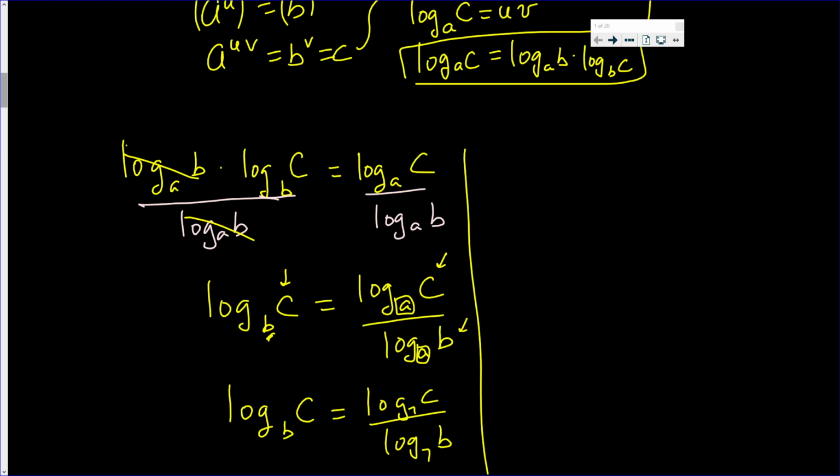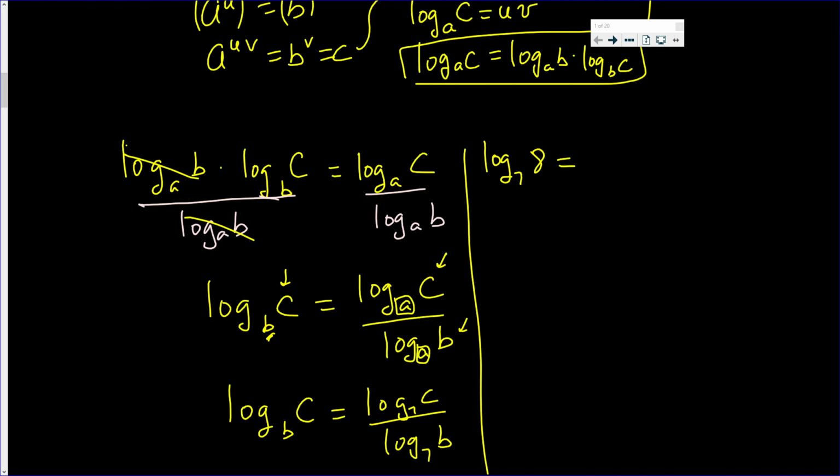That is, if somebody asks you, what is log base 7 of 8? How much is that? And they give you a calculator, but your calculator doesn't have log base 7 on it. It has ln, that means base e, and it has log, which means base 10.